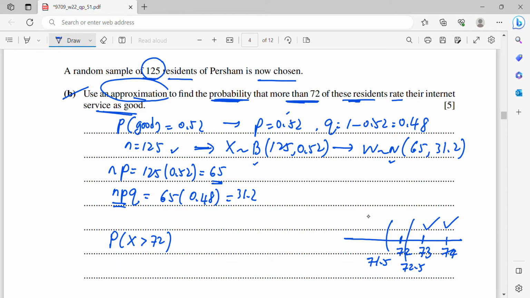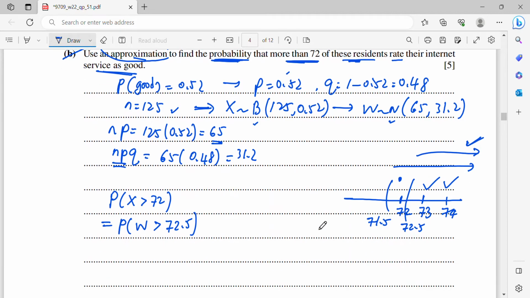Since it is 'more than', I will keep the inequality sign, but change X to W. Then I either choose more than 71.5 or more than 72.5. Obviously we need to choose more than 72.5, because we just need to include 73, 74 and so on. If you choose 71.5, you will have an extra 72. That is wrong. So here it is going to be more than 72.5.